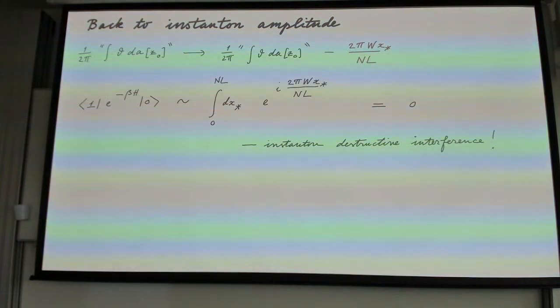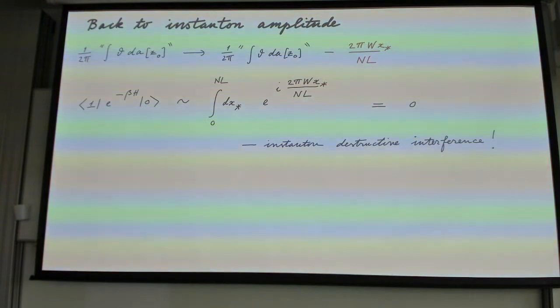Okay. Back to the instanton amplitude. I have to do this gauge transformation again because I had to fix the boundary condition. And when I do that, from what I just wrote on the previous slide, the theta term transforms, and I get a term proportional to x star. This contributes to the imaginary part of the fractional instanton action.